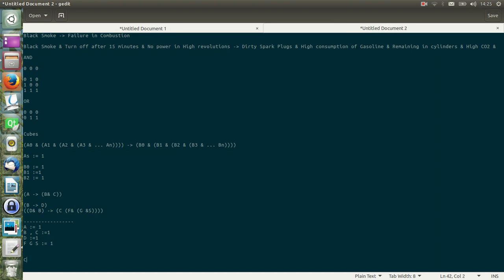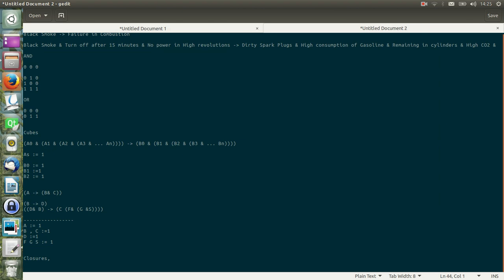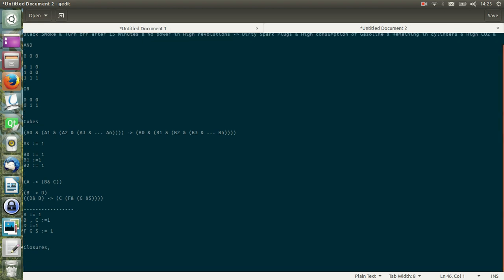The next concept is closures. Instead of using modus ponens, they use modus tollens, which is a way to infer antecedents from the consequence value. If all the consequences are false, then by modus tollens we can say that all the antecedents are false, following this structure.